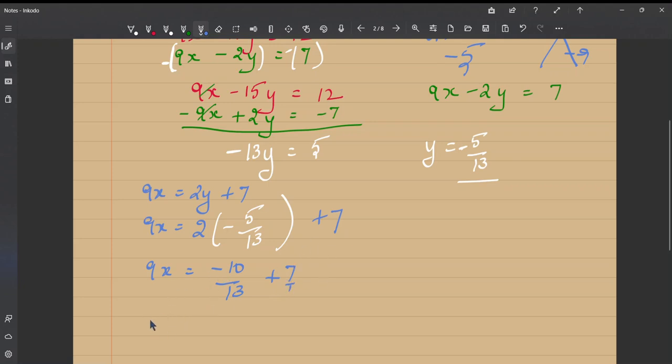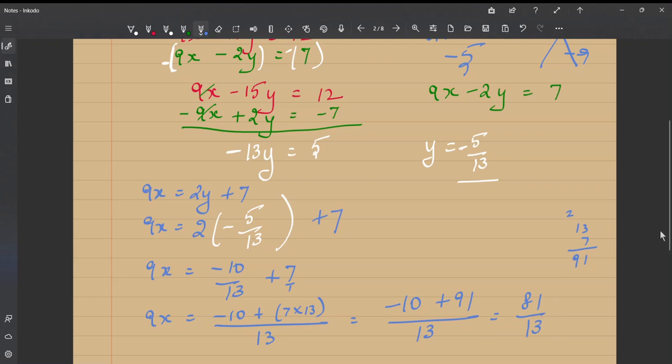So 9x is equal to minus 10 plus 7 into 13, by 13. What is 13 into 7? 7 3s are 21, so 91, right? So this is equal to minus 10 plus 91 by 13, or it's 81 by 13. 91 minus 10 is 81 by 13.